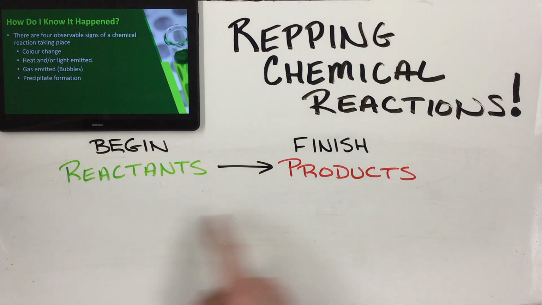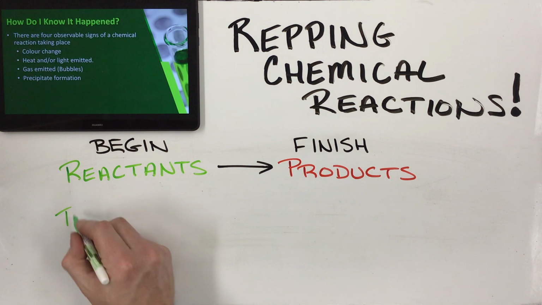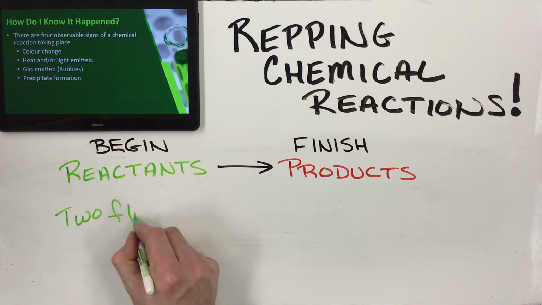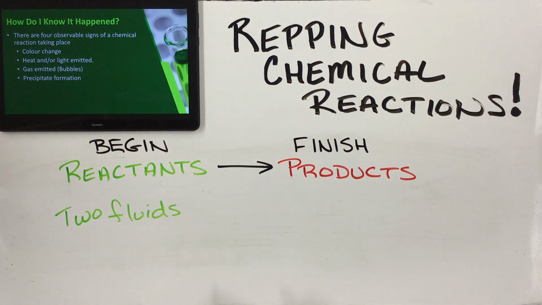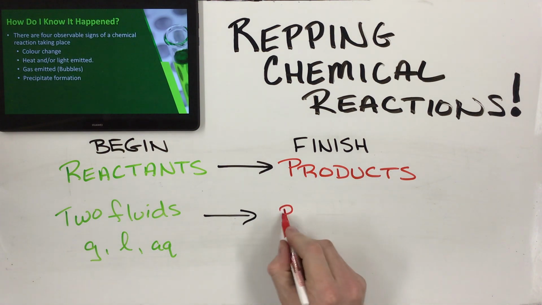So to use this model, we have 2 fluids that enter the reaction. Now, what's a fluid? A fluid is a gas, a liquid, or an aqueous solution. It is not a solid. And what happens is those 2 fluids react to produce a solid, or precipitate.